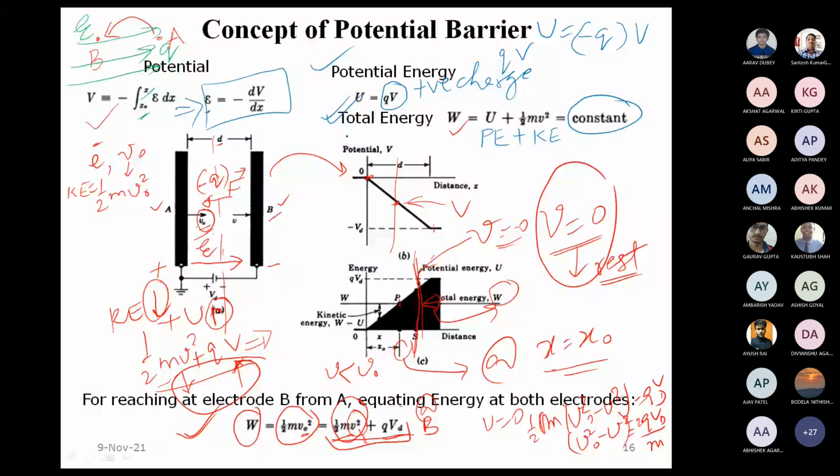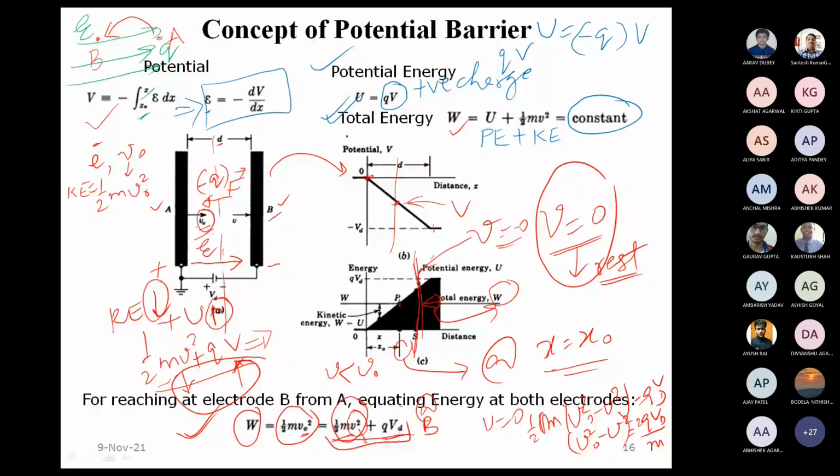It is losing its velocity at a certain point, and because the electric field is such that it always acts on the charged particle, it will accelerate in the reverse direction and will ultimately land up on plate A again.